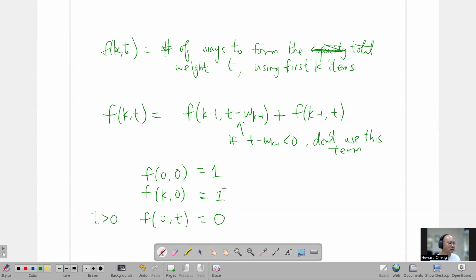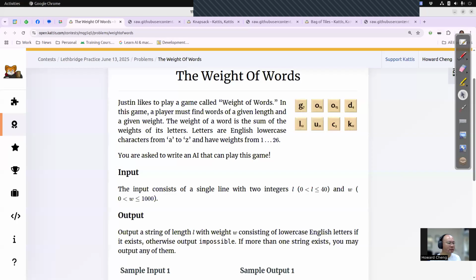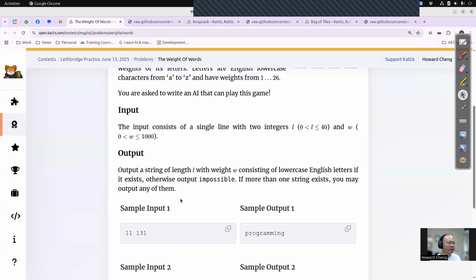And that will count the number of ways you can form a particular sum for a particular capacity T, a total weight. Okay, so having said all of that, what is this weight of words business? I want to make a string of a certain length L up to 40, and I want to sum up the weights.